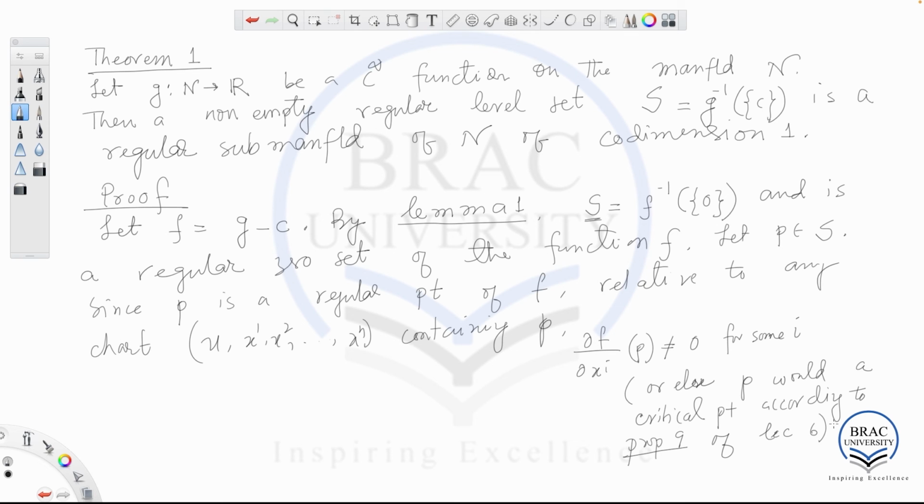Okay. So for some i, this partial is going to be non-zero.